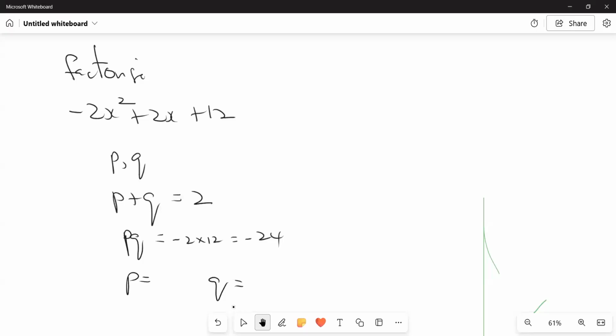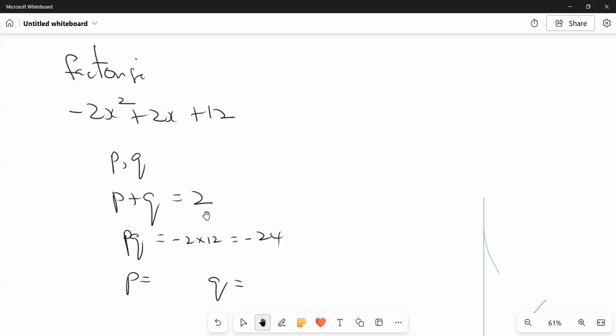What are the two numbers? You have to look for two numbers.